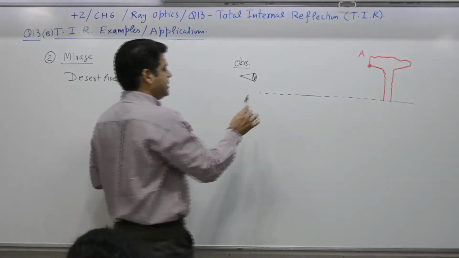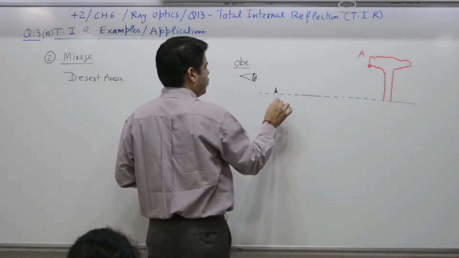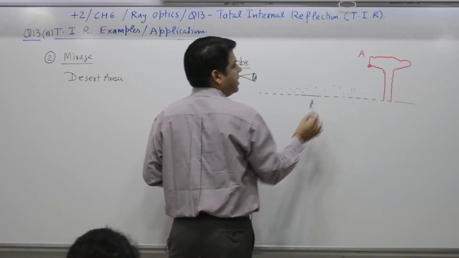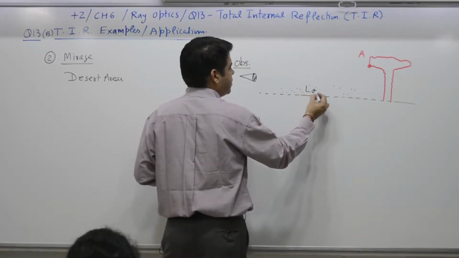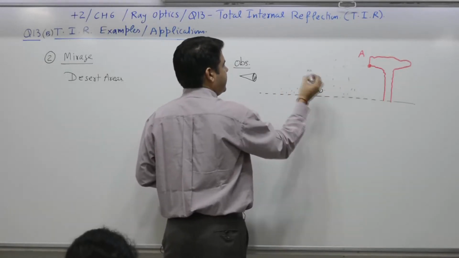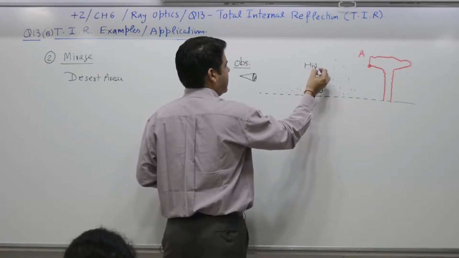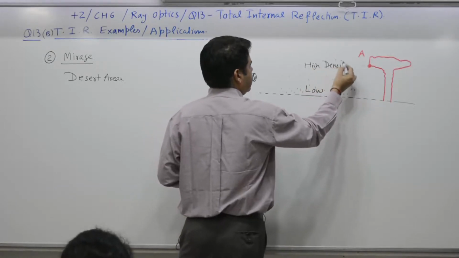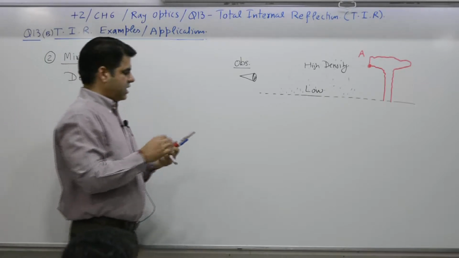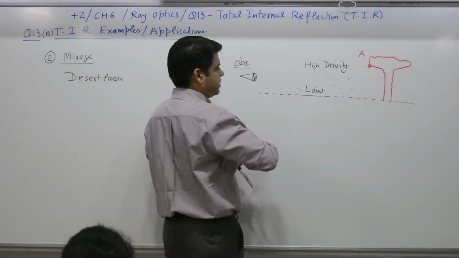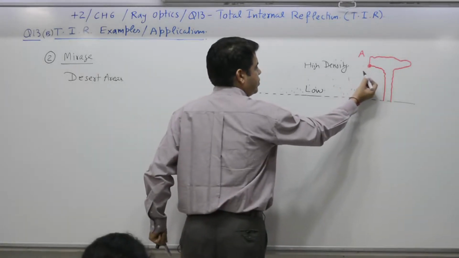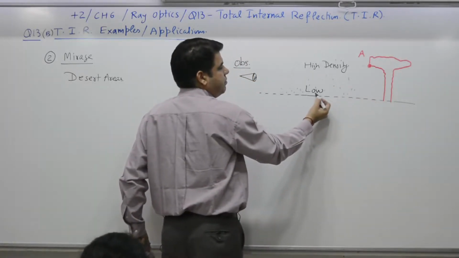But in a desert area, other than this, you have one more observation. Nearby the earth, temperature is high, that is why density is low. Here, density is high. As the ray starts from here, that is point A, it is moving from denser medium to rarer medium.